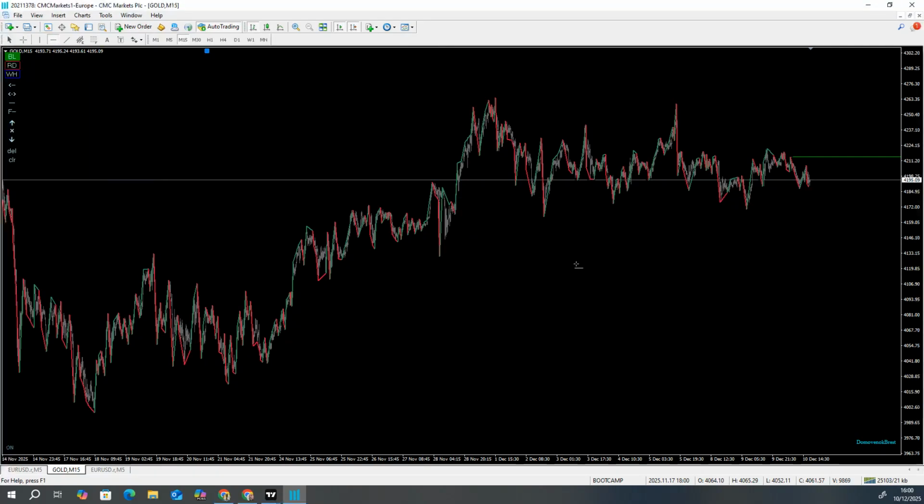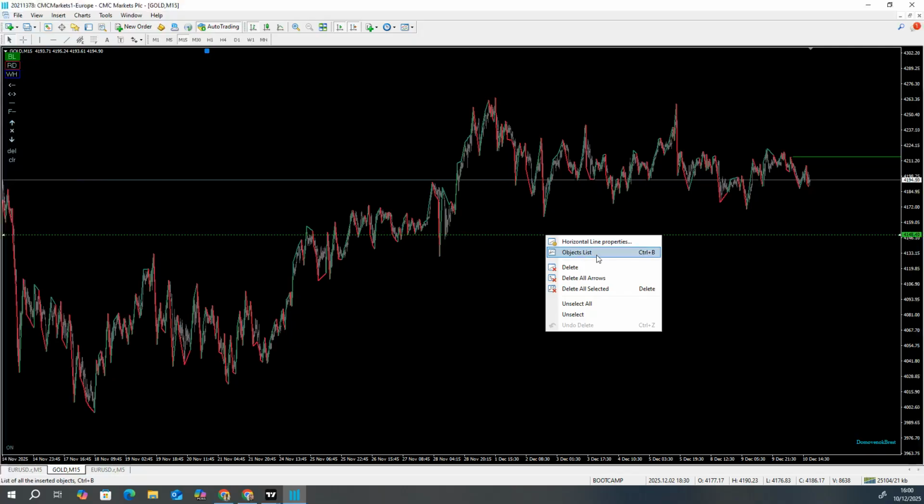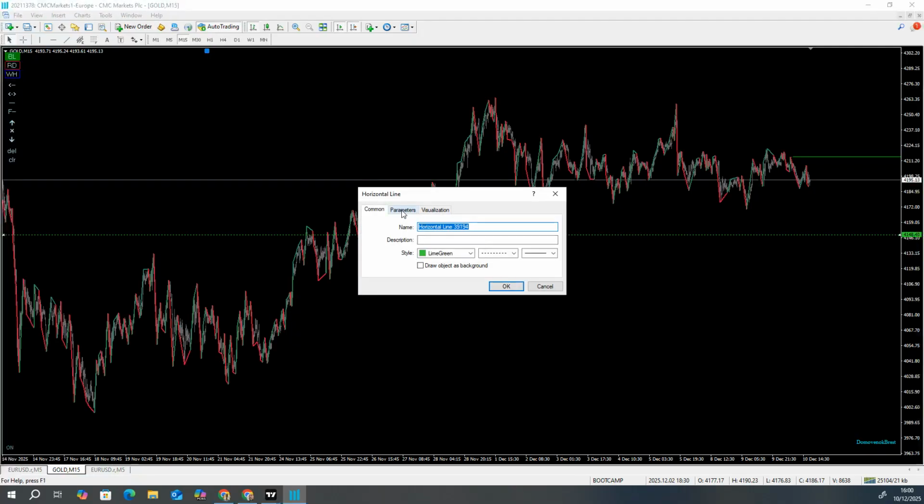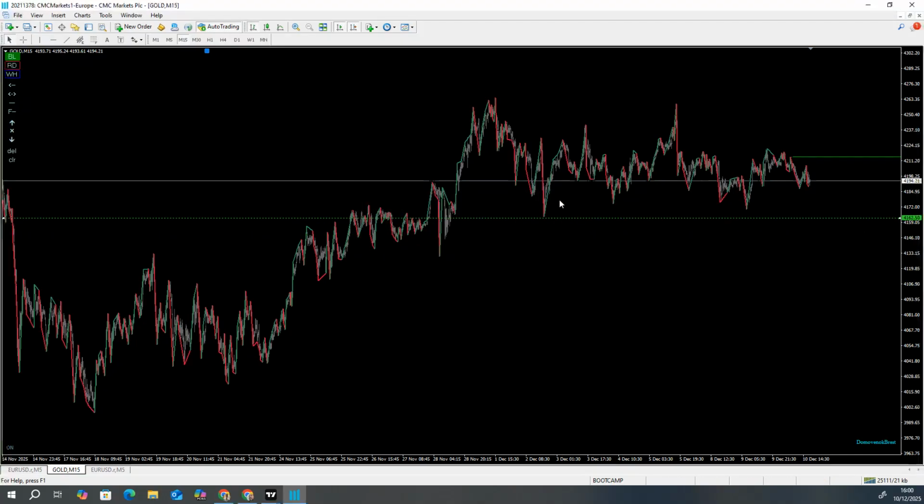So we're going to mark that here. 416250. Okay, so that will be the area that we're going to be looking to buy.